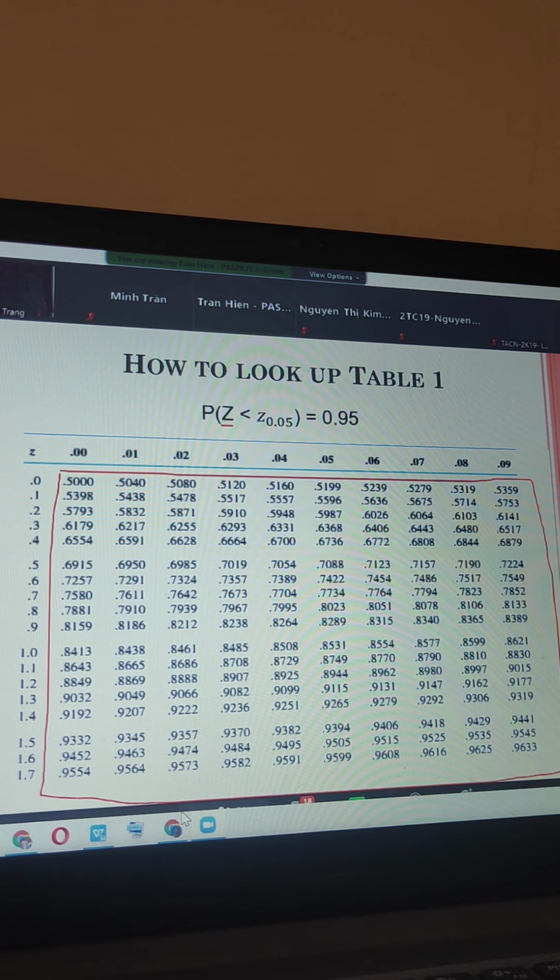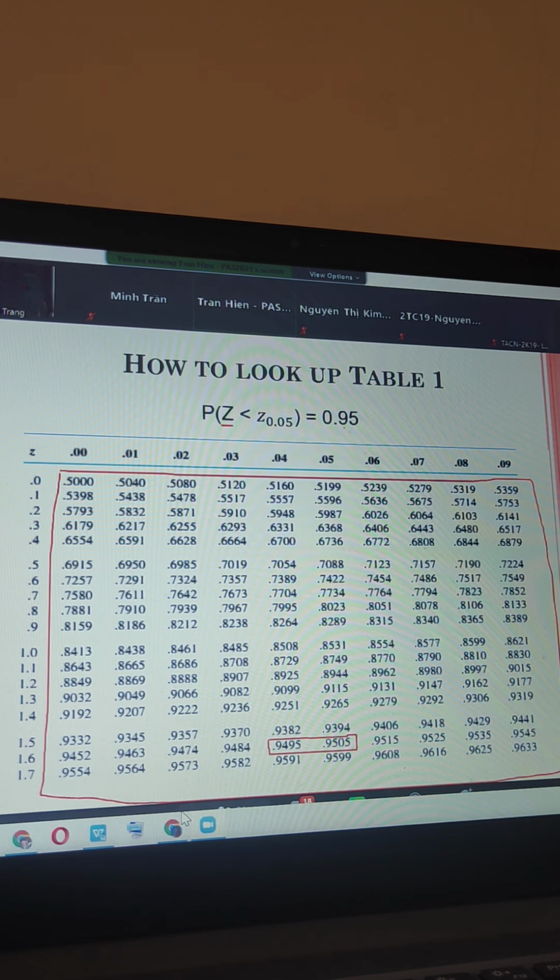So for p equal to 0.95, what is that value? Actually, we cannot find exactly the value 0.95, but here you can see that there are two values closest to it: 0.9495 and 0.9505.